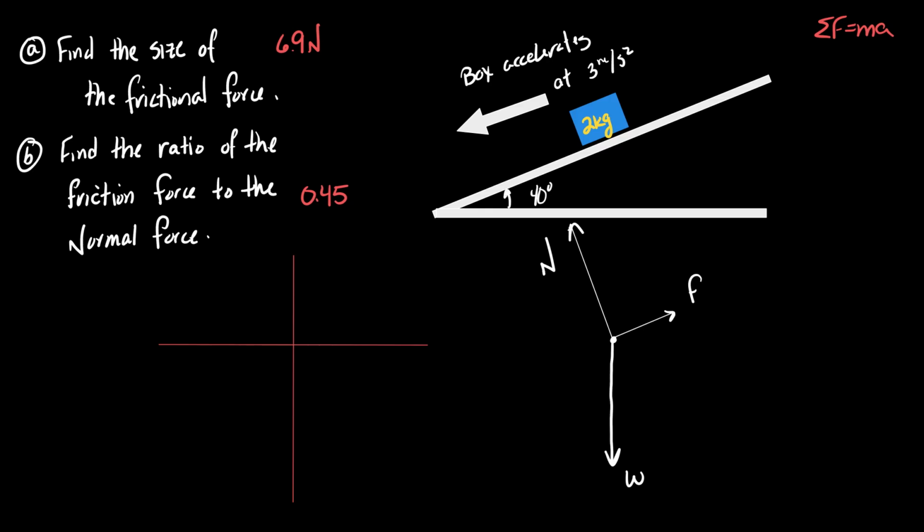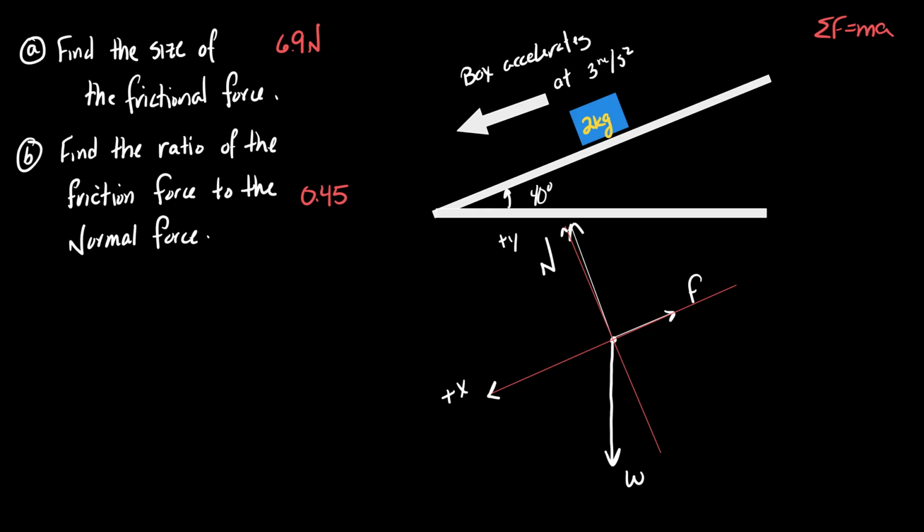That doesn't give you many choices, but it gives you at least a starting place. I'm going to take my coordinate system and direct it that way. Remember, I get to choose what's positive and negative, so I'm going to make the direction the system's accelerating the positive x direction. And I'm going to make up the positive y direction.